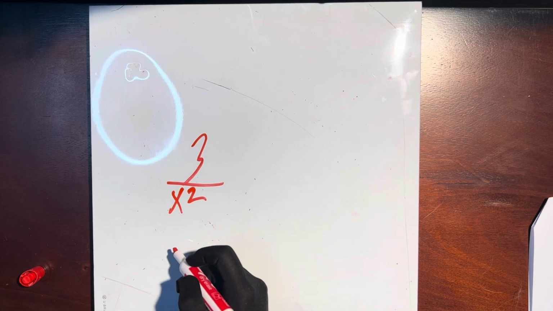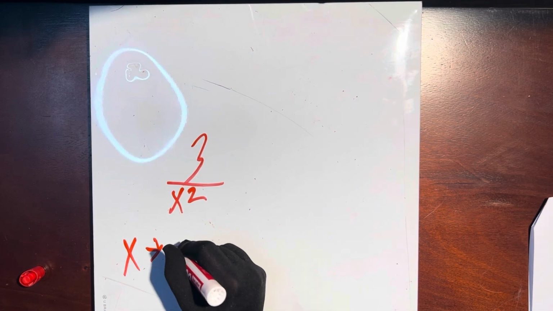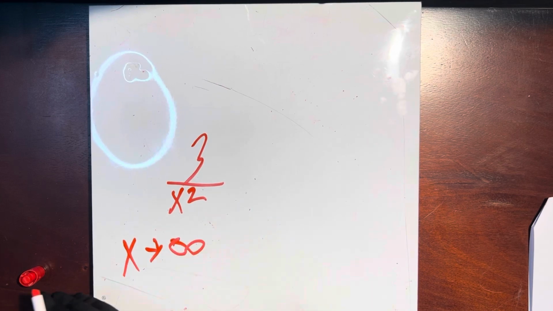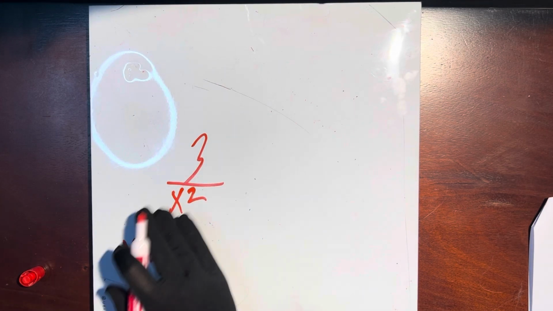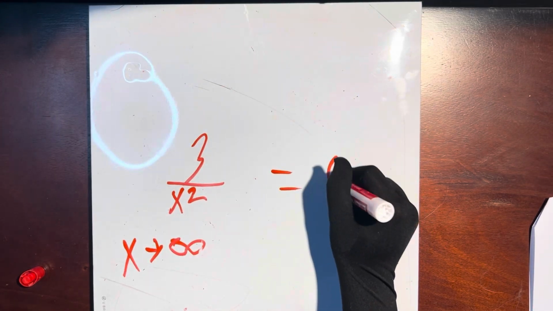Since it's an x on the bottom, the x will always be put to infinity as your limit, which should be simple. You can get that out of the way. That becomes 3 over infinity, and anytime it's a number like that, it becomes 0.